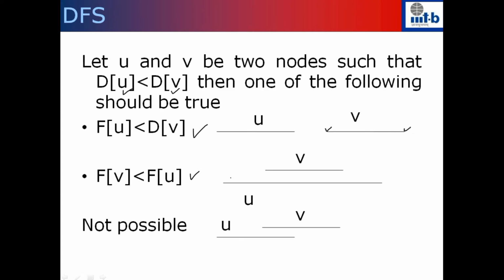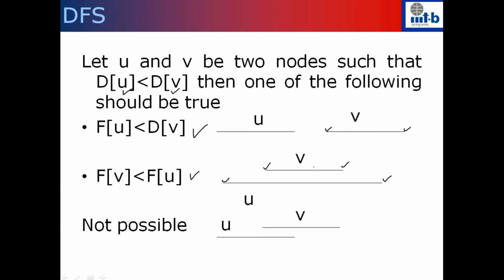Or the other thing that can happen is that you discovered u, then you discovered v, then you visited all the nodes which are reachable from v, and then you finished visiting v, and then you finished visiting u. These are the only two things that can happen.